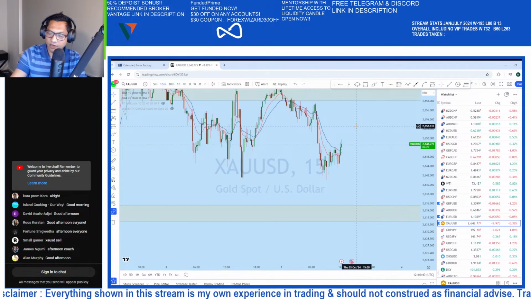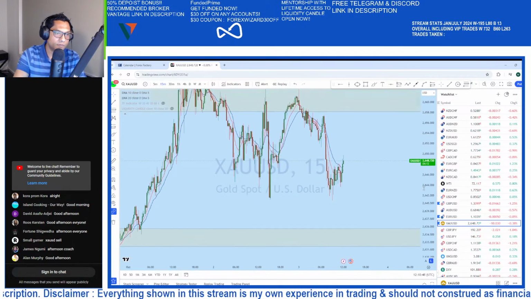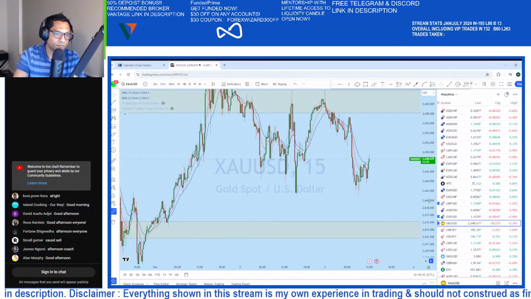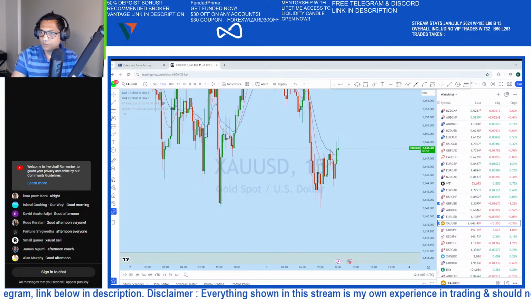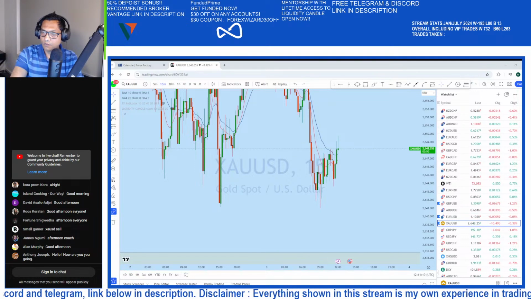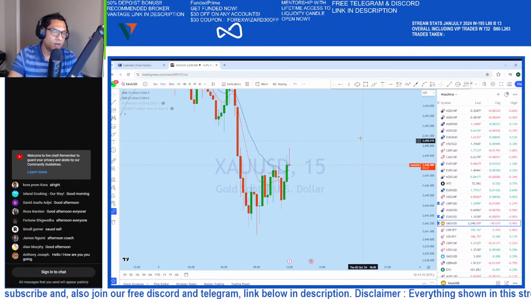If we look at the 15-minute chart, from the 15 minutes perspective on XAUUSD, this is the lower time frame price action.